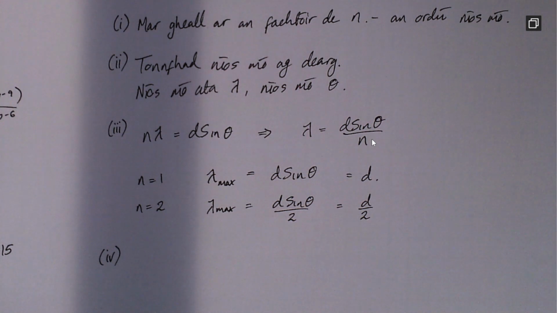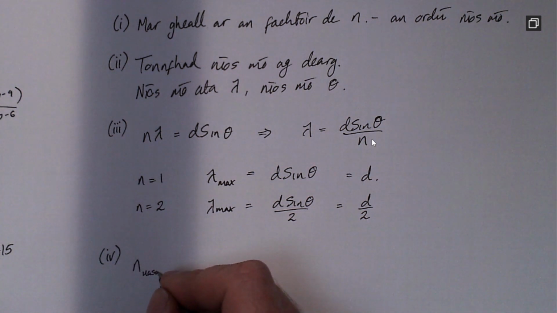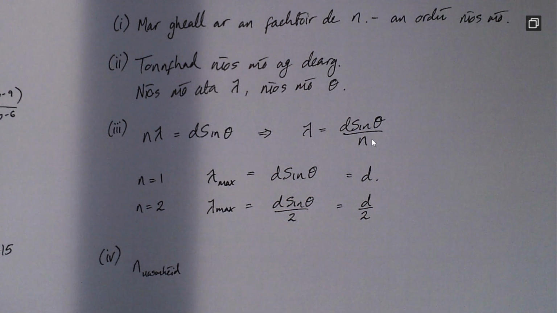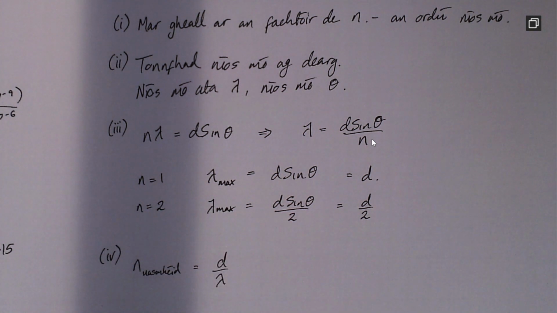Part four: what would be the effect of varying the grating constant? We use the maximum n, so d over lambda gives the number of orders.